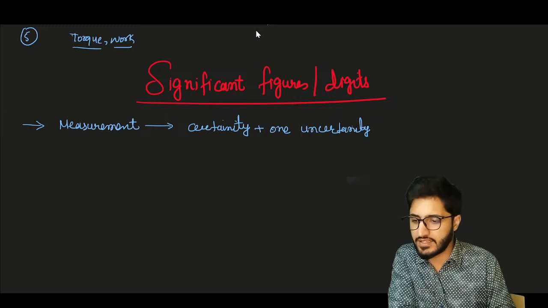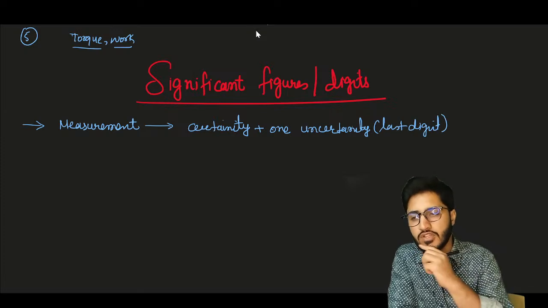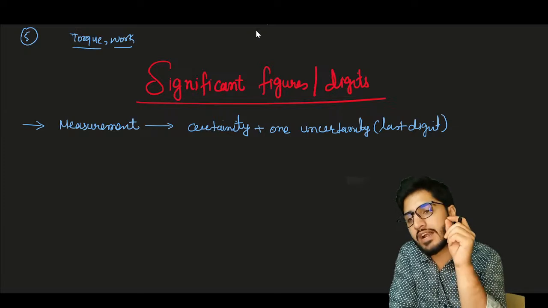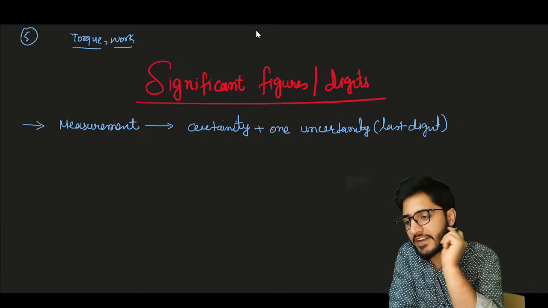That is the last digit. So the combination of certainty and the one uncertainty is known as a significant figure.